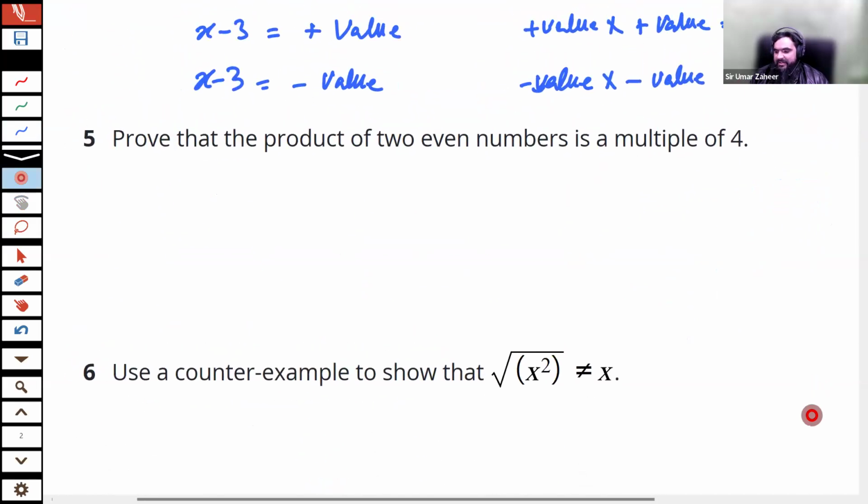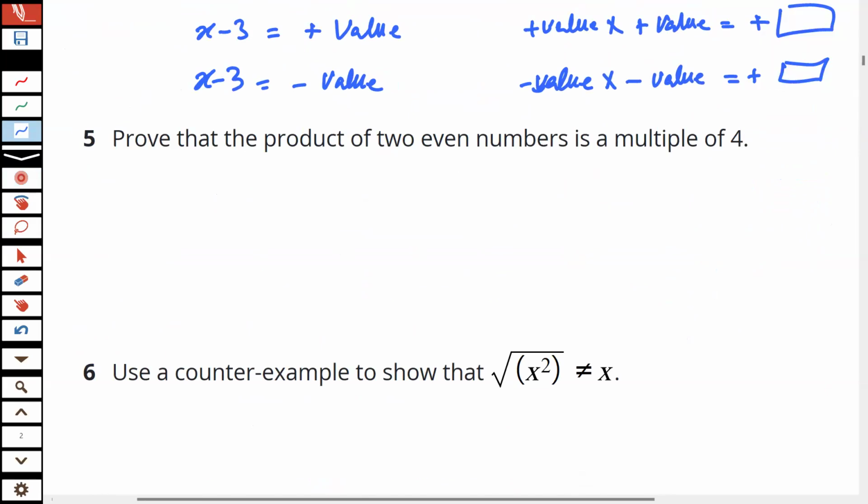Next, he says prove that the product of two even numbers is a multiple of 4. So, how can we show two even numbers?